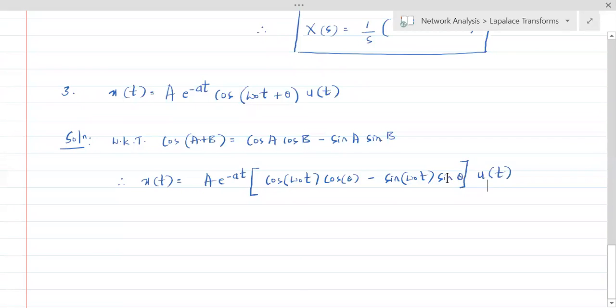So according to the linearity property, we take out the scalars and apply the transforms only on the signals. Understand that?